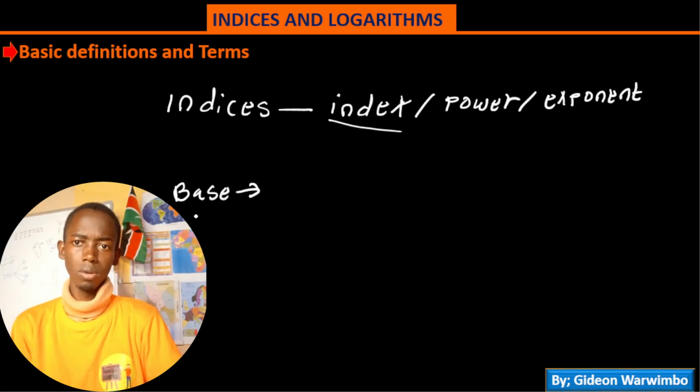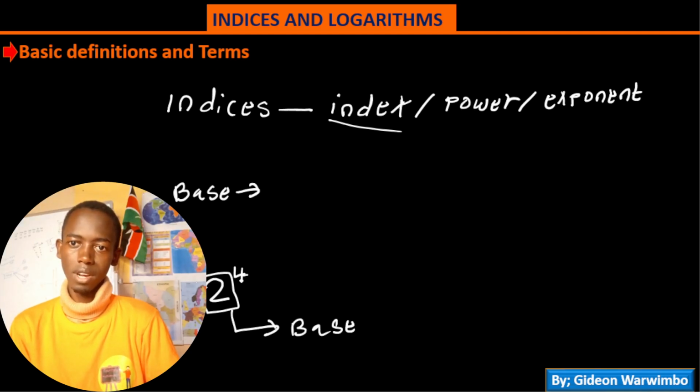Basically, we take a number. Take an example like 2, and then you place another smaller number on top of it, let's say 4. For this case, the bigger number, which is below the number at the top, is what we always call a base.